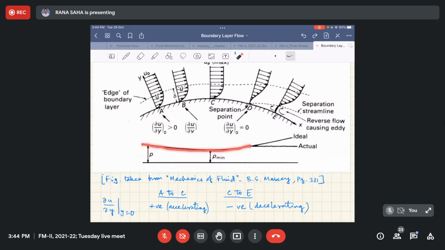And the moment you are having a boundary layer separation, instead of recovering, it will remain at that particular value, more or less. Okay, so in the context of the entire body, we can see that at the rear end of the body we are having a pressure which is less than the pressure at the beginning, or at the frontal side of the body.